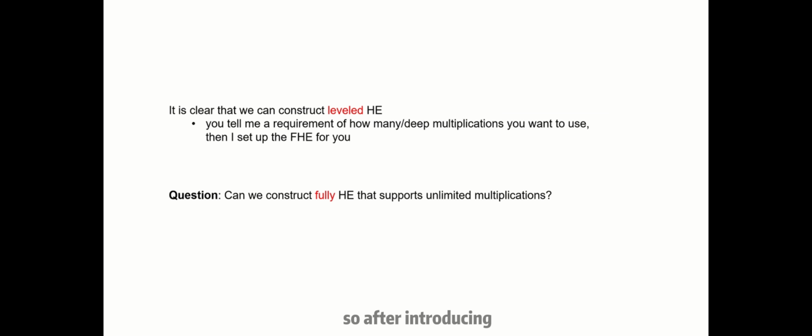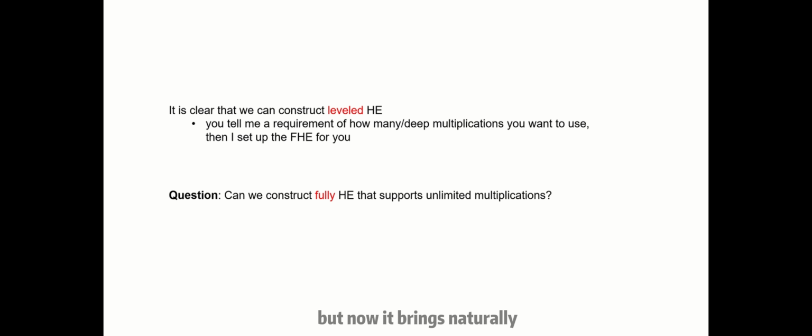So after introducing the homomorphic addition and multiplication, we have already constructed so-called leveled homomorphic encryption. In leveled homomorphic encryption, if you tell me how deep the multiplications you want to go, then I will set up the FHE parameters and construct the FHE scheme for you.